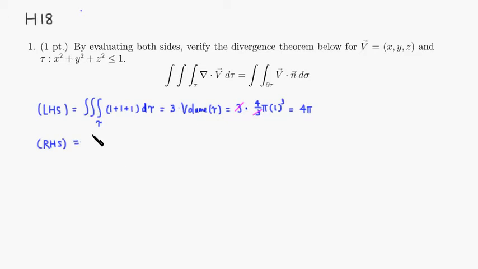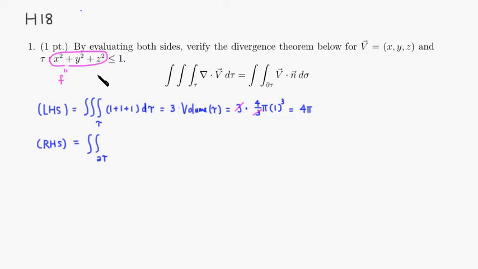The right hand side is a double integral over the boundary, which is the surface of the unit sphere, of v dot n. We have to come up with n. We are looking at the sphere, so I'm going to call x squared plus y squared plus z squared f.